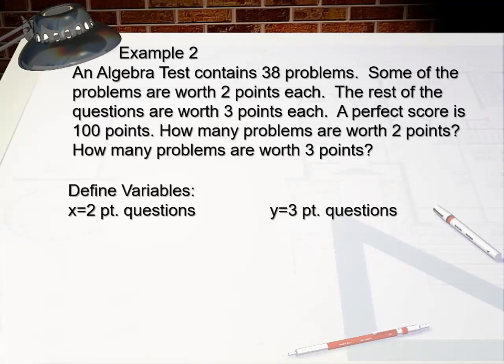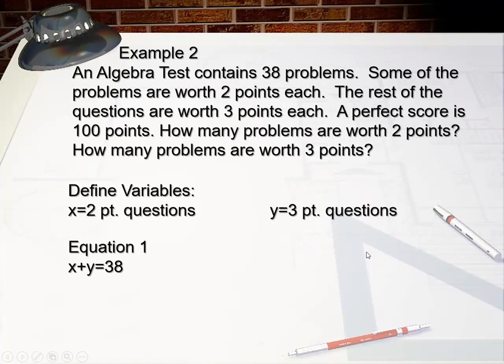So we need a quantity equation. The total number of problems on the test is 38. So when I take the 2-point questions and add the 3-point questions, that gives me a total of 38 questions or problems. Now we're going to talk about points.